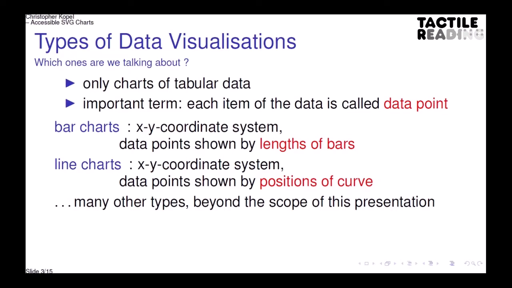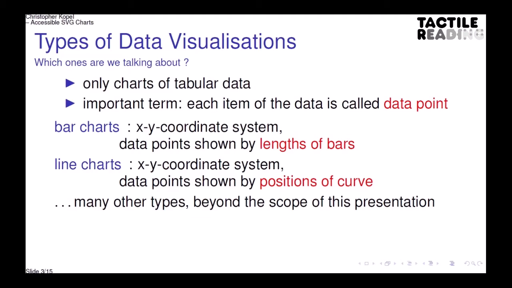We'll further focus on two of the most popular charts in the literature, namely bar and line charts. Just to make sure that all of us have the same idea of these charts, a few explanations. A bar and a line chart both have two dimensions, that is, the data points have two components.